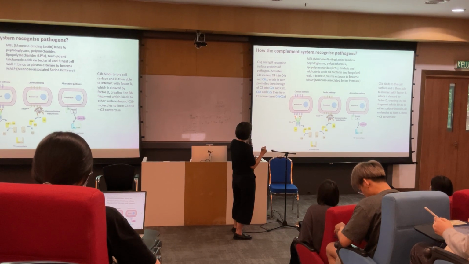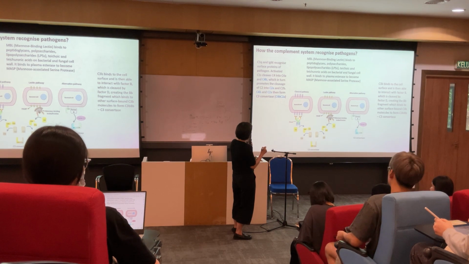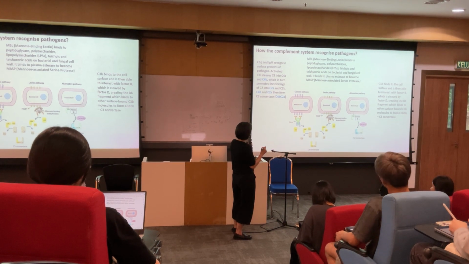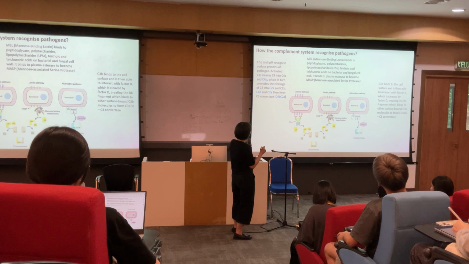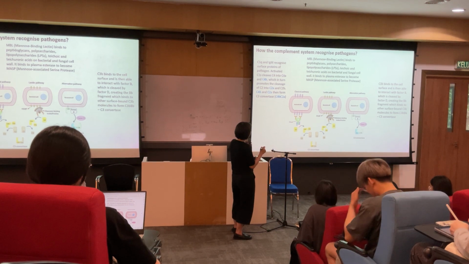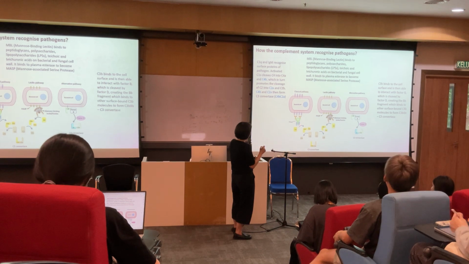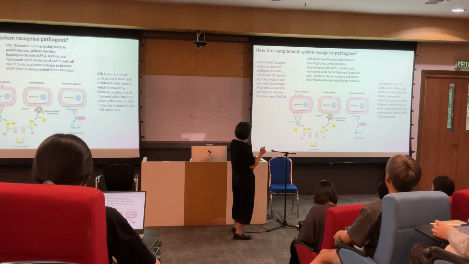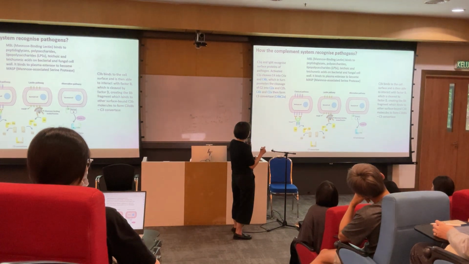Consider this is the antibody IgM bound, and then C1q binds together with the IgM to the surface of the bacteria, and this C1 complex contains one of the domains, C1s. This C1s will be activated and it will cleave C4 into C4a and C4b.